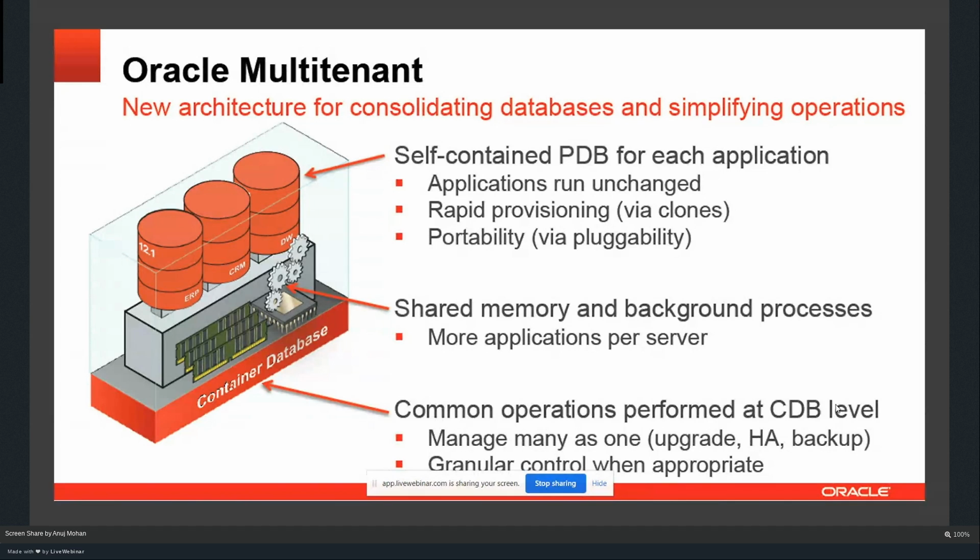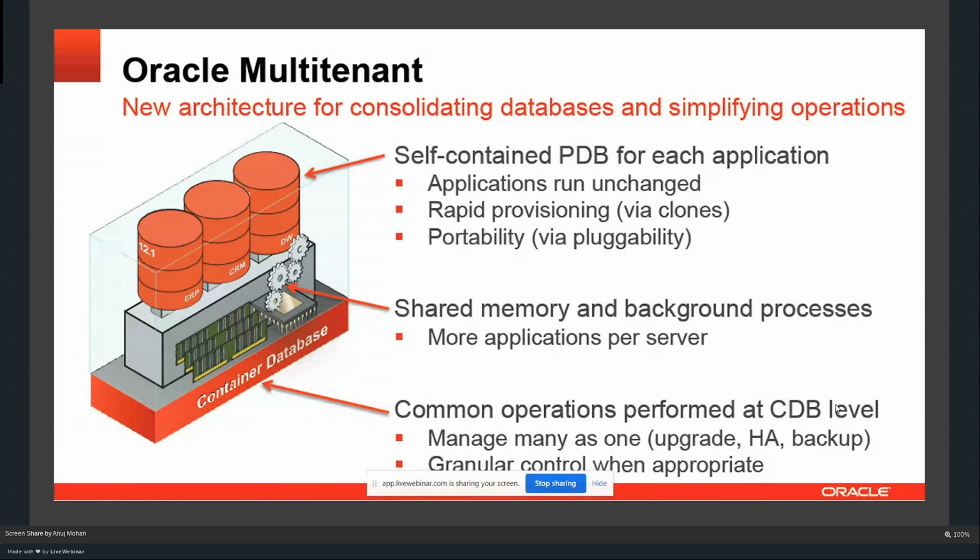If I was talking to you prior to 21c, I'd be giving you this slide on why you want to use Oracle multitenant. And the reason is a self-contained PDB for each application. We've been consolidating databases in 8i and 9i days.